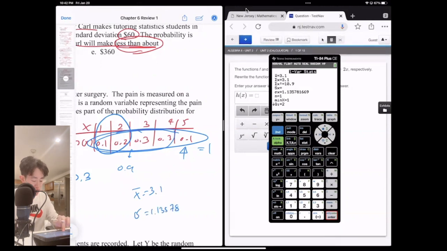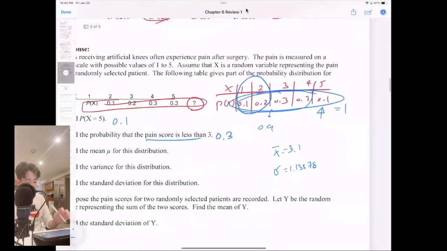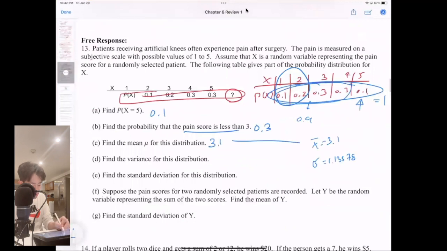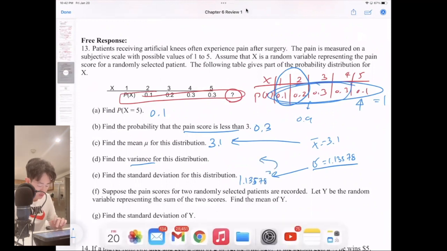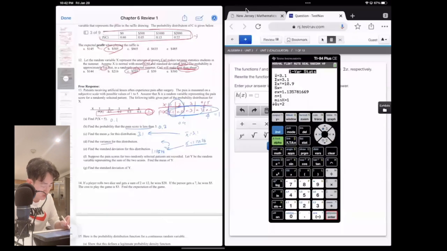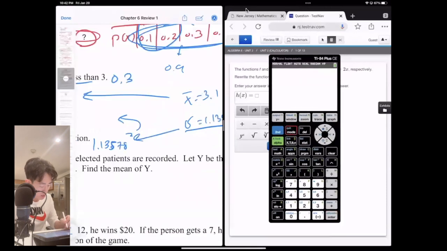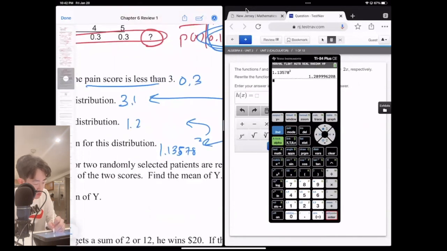So I'm just going to write those down. And here, I'm going to write down that that's the mean or the expected value. The variance doesn't tell you, but since I know my standard deviation is 1.13578, I can just square this value, and then I can find the variance. So what I can do is I can go here, second mode, and then I'm going to type in 1.13578, and you square that value, and then my variance should therefore become 1.28996.